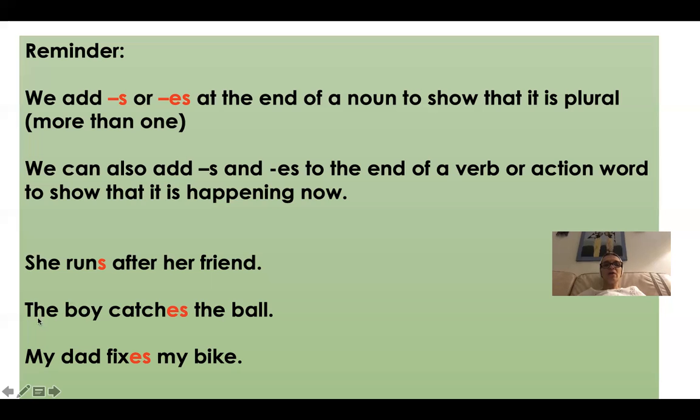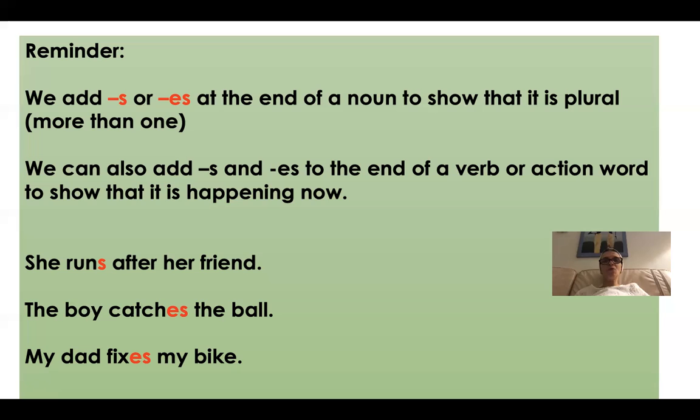Okay, the boy catches the ball. My subject, who is my sentence about? My sentence is about the boy. And what is the boy doing? Catches the ball. Why did I put es at the end of catch? Because catch ends with ch, and it follows the same rules as the nouns.